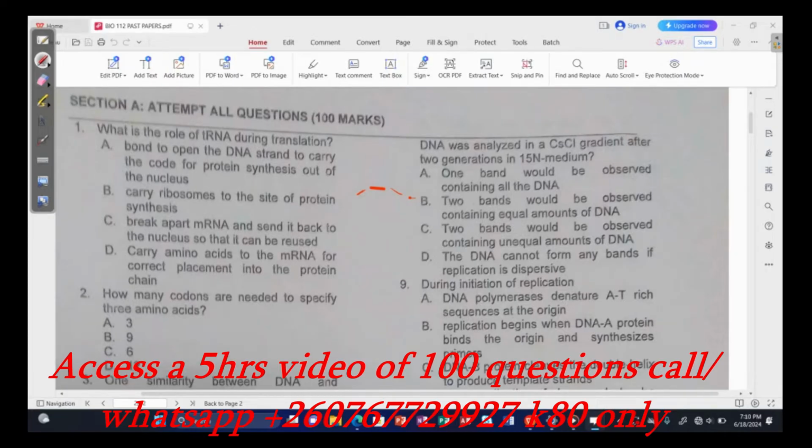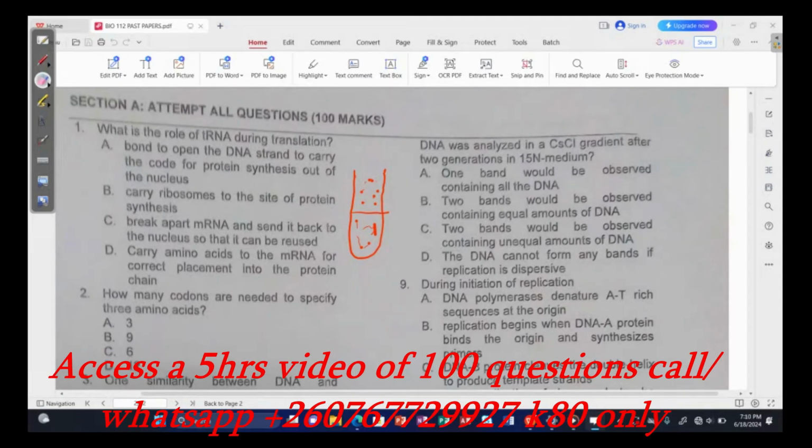So B is saying two bands would be observed containing equal amounts of DNA. That is, you are going to have two bands in cesium chloride. Let's say down here you have heavy nitrogen, there you have light nitrogen, something like that, which is not true.